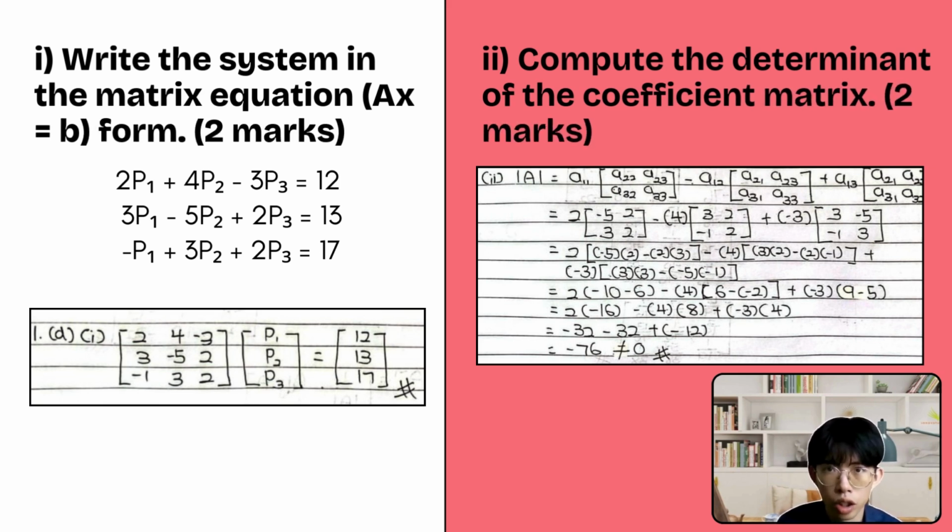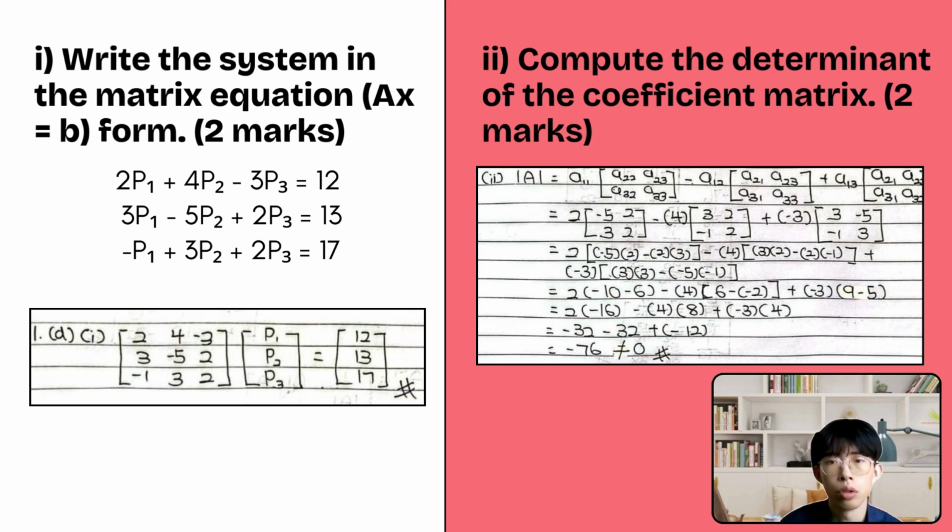Matrix A is the matrix formed by taking the coefficients of variables P1, P2, and P3, and X is the variable matrix which consists of P1, P2, and P3. B is a constant matrix that consists of 12, 13, and 17.